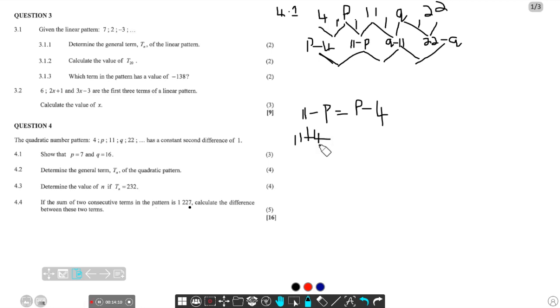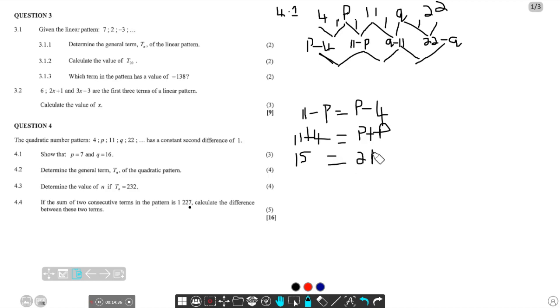And then here it's going to be p, and since the p is negative, on the other side it will become positive. Then what is 11 plus 4? It's going to be 15, and then p plus p is equal to 2p.